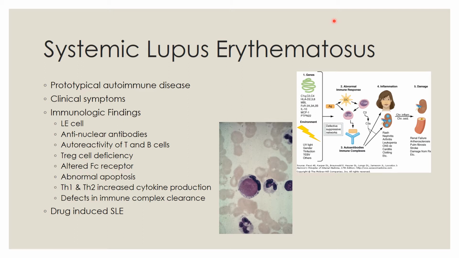There's also some evidence that oral contraceptives might lead to some of these symptoms. So if you suspect this in your patient, the first thing to do is stop those drugs. If the symptoms disappear, then you know that you have drug-induced SLE, and you shouldn't use those drugs going forward, whichever ones you were using.